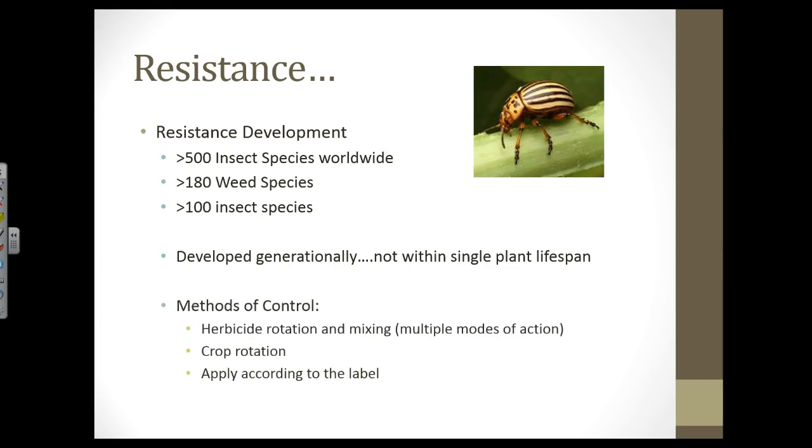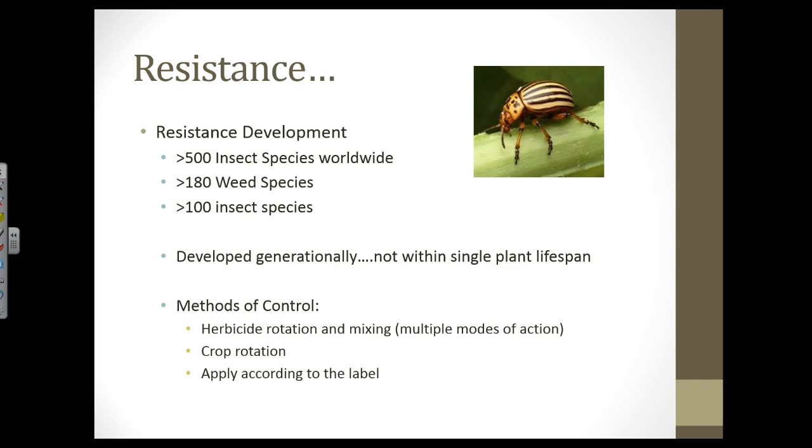Crop rotations, thanks for thinking ahead when I said that. And making an application according to the label. We could mix our chemicals, rotate crops. If we make applications at less than the recommended dosage, there's a reason that dosage is good, and that's for effectiveness.